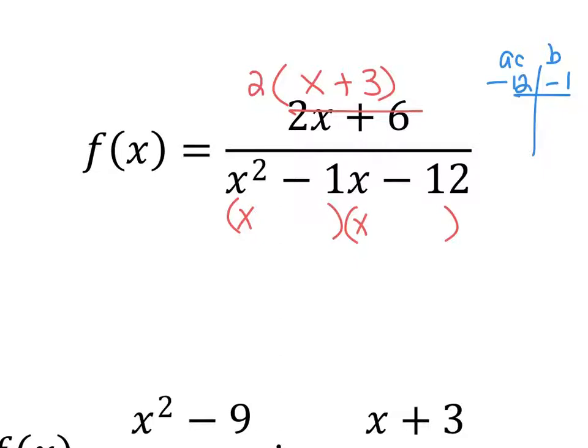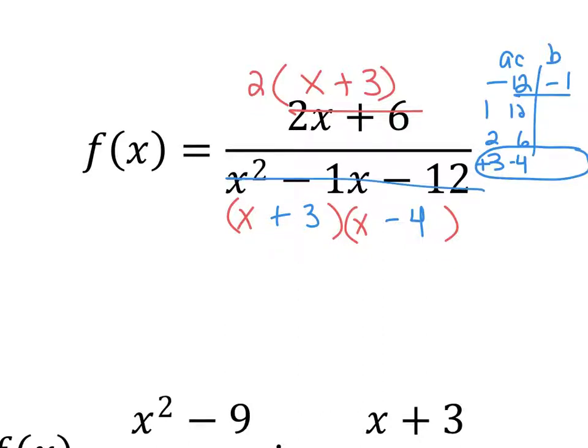What are all my factors of 12? 1, 12, 2, 6, 3, 4. One of those numbers has to be a negative, and when I add them together, they have to give me a negative 1. So 3 minus 4. So positive 3, minus 4.